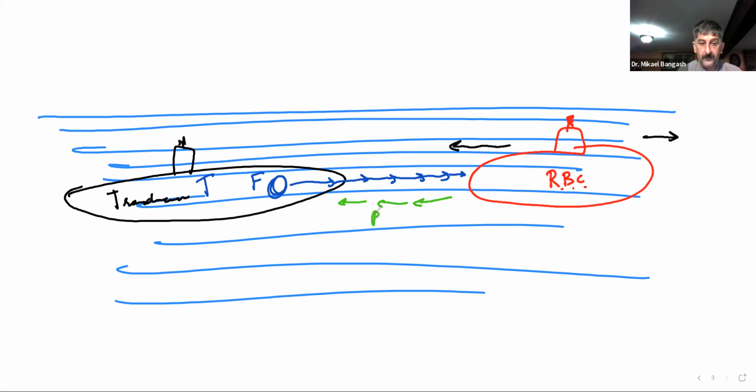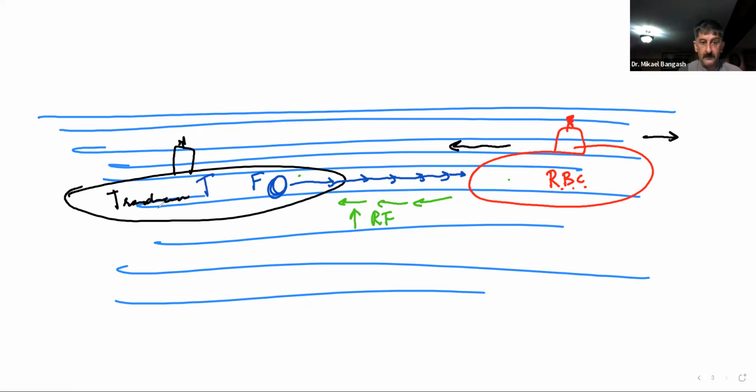If that reflecting frequency is increasing, or is greater than the transmitted frequency, that will mainly mean that this is moving towards the transducer. Or we can say the distance between the transducer and the red blood cell is decreasing.